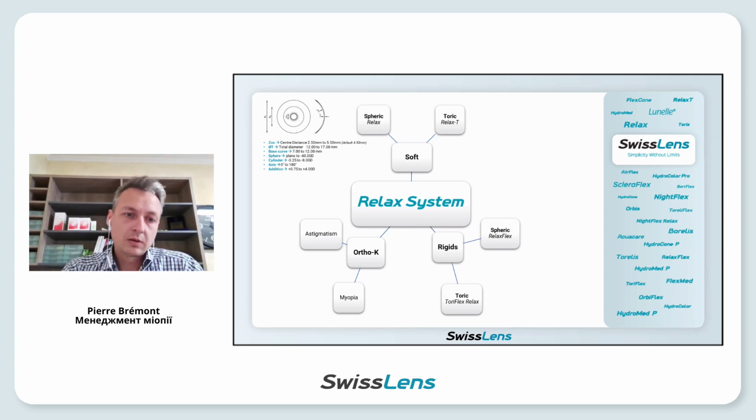But we can also treat astigmatism, which is not covered by our competitors with other myopia management options. And the addition, the defocus, is quite high, up to +4. And the optical zone in the center can be adjusted from 2.5 millimeters to 5.5 millimeters, so it covers all pupil sizes.